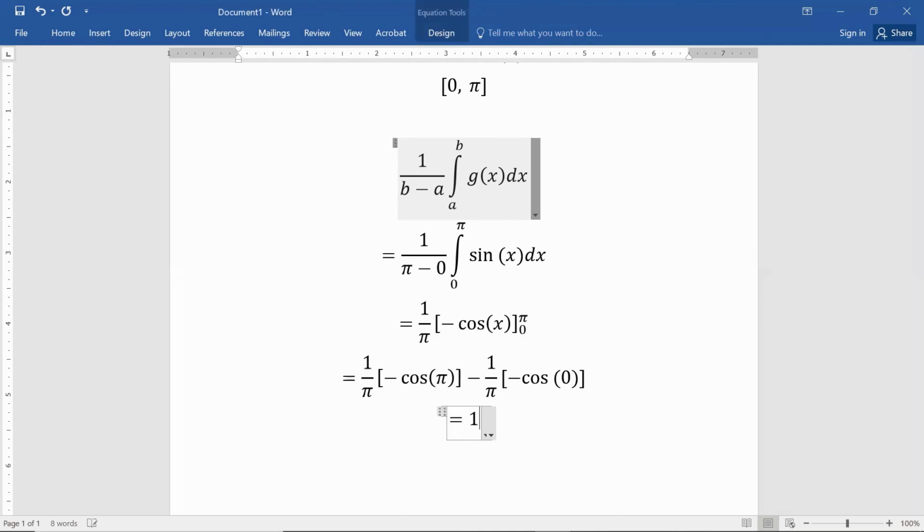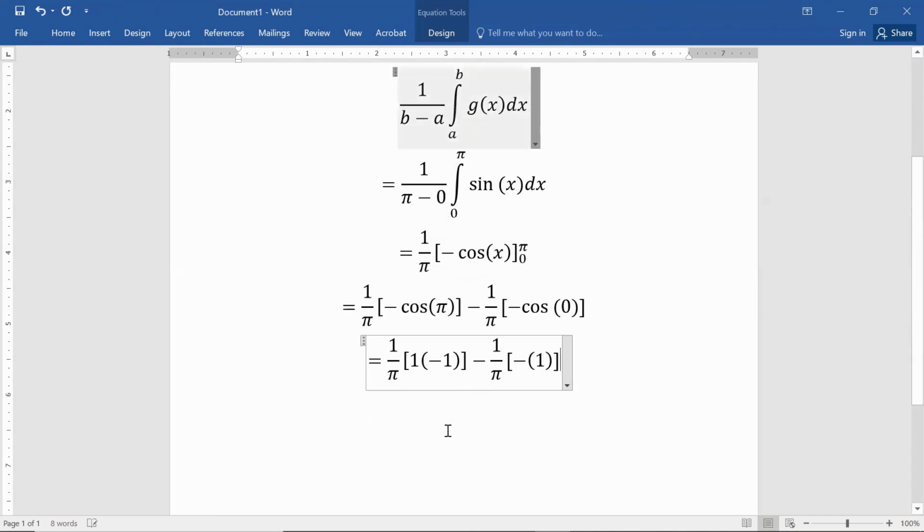So I have 1 over pi, negative of negative 1 minus 1 over pi. The negative of a positive 1. Again, be careful on the negative signs here.